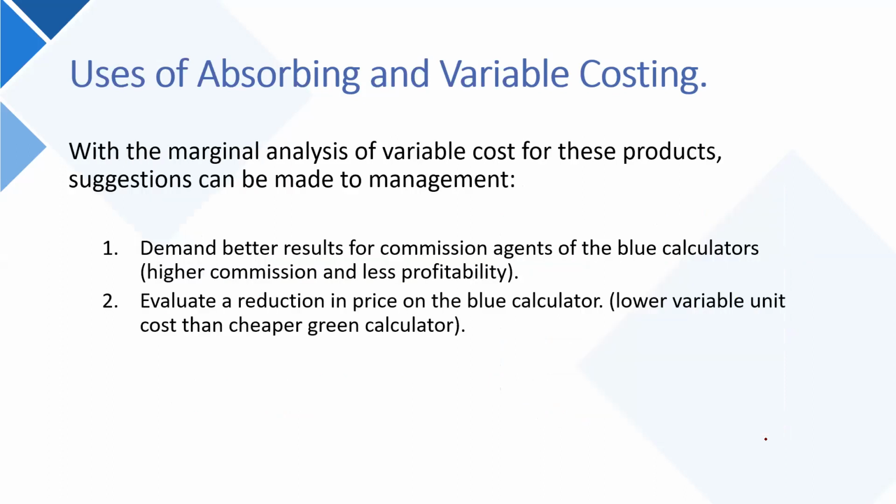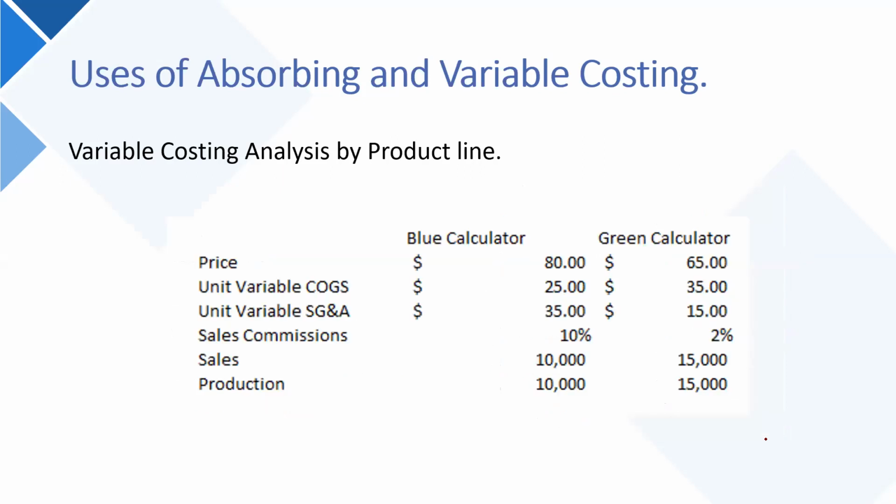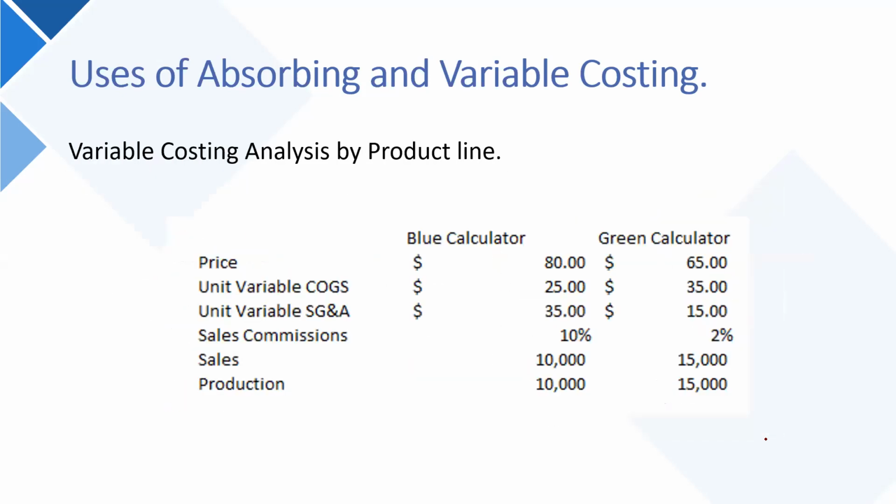And with that analysis of margin in the variable cost, maybe we can demand better results from the commission agents of the blue calculators. I can tell them, look, I am paying you a lot of money and you are selling fewer calculators than the guys in the green division. So you need to increase those sales numbers. And also you are getting a big commission on sales, 10% against 2%.